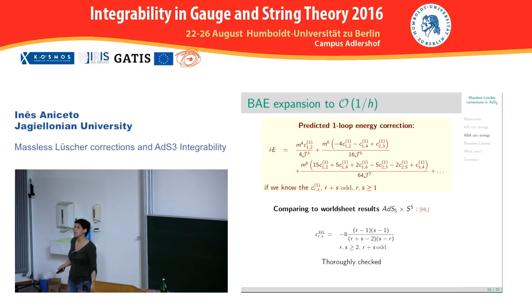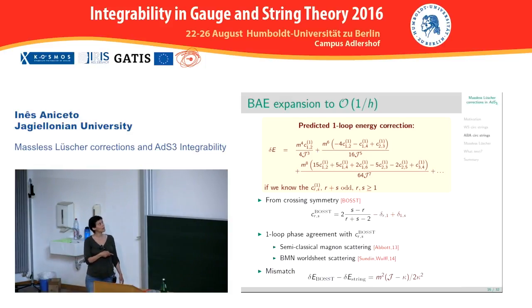What Hernandez-Lopez did in 2006 was, okay, we know the result for the circular strings from the Worldsheet. We have this prediction, so we can calculate the coefficients. And they calculated these coefficients, which were then thoroughly checked via crossing, Magnon scattering, BMN. So everything agrees perfectly.